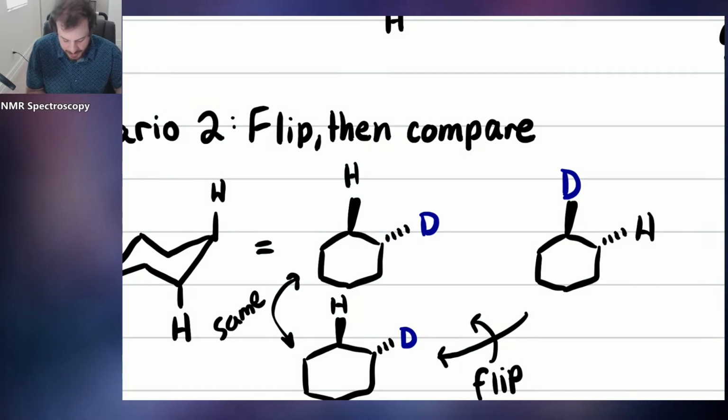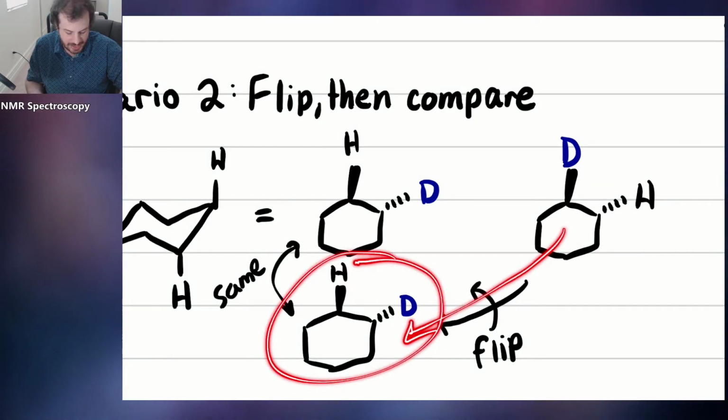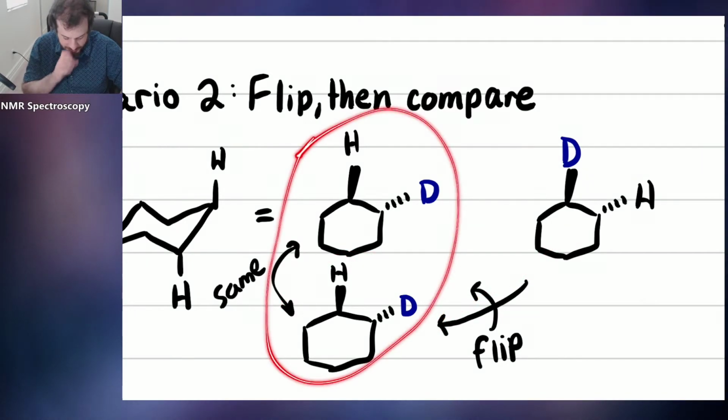And in the meantime, the wedges and dashes will also flip because, imagine the hydrogen's facing backward right now. If you do a 180 degree flip, look, now it's facing forward. So that means that after we do the flip, we'll get this compound here, and then now compare these two compounds. Are they the same compound? Are they enantiomers, or are they diastereomers? Well, we have how many stereocenters?